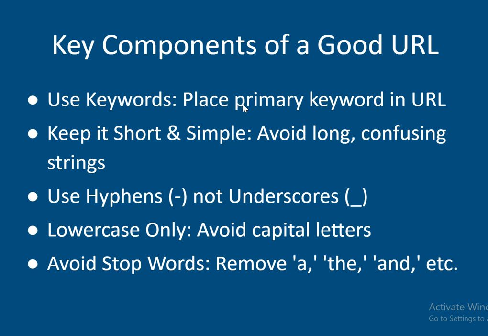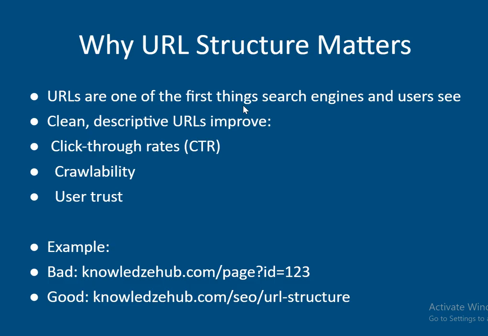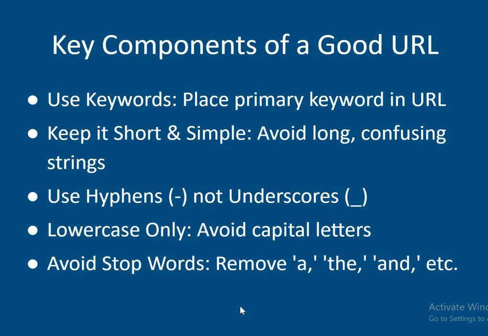This helps both users and search engines understand what the page is about, as I mentioned in the previous slide. Here, URL structure is the primary keyword. If you mention it in the URL, it can easily be understood by users and at the same time by search engines also. So the primary keyword should be placed in the URL.